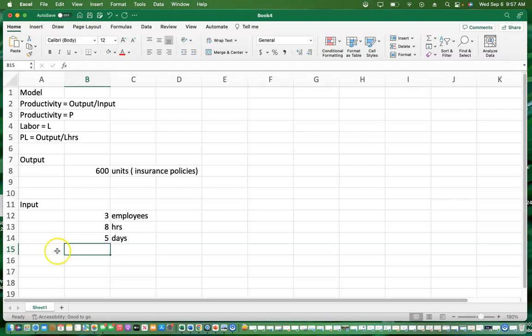But before we do that, let's find the total input, because all we are looking for is the number of hours spent to process these 600 units. For these 3 employees, how many hours are they going to spend? I'm going to put an equal sign, which will provide us with a function.